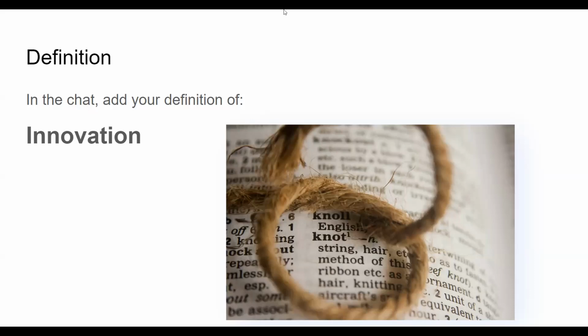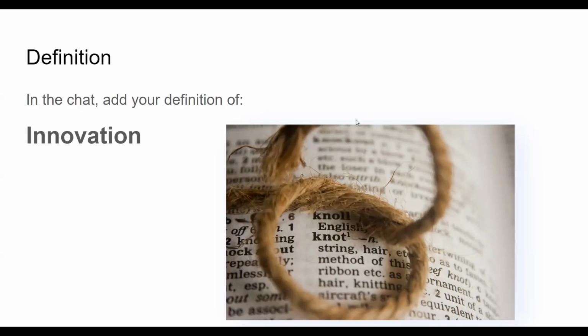Creative ways to solve problems using multiple methods, new answers to old problems, making a situation better. New ideas. New and relevant. So there's a lot of different definitions coming in with this.